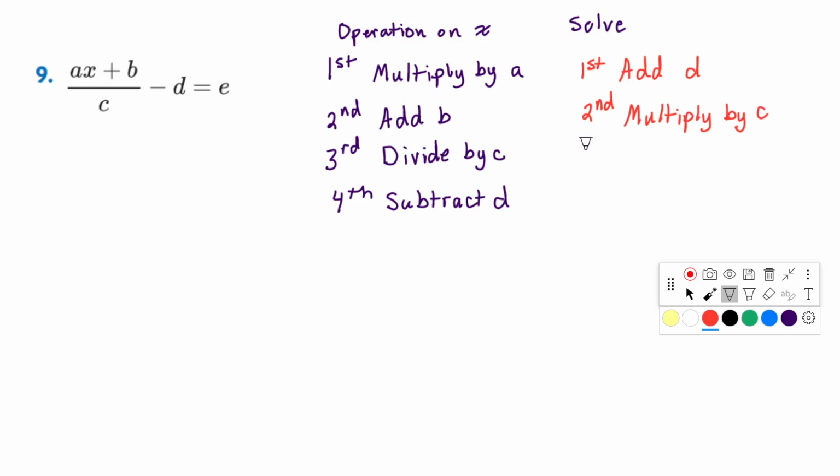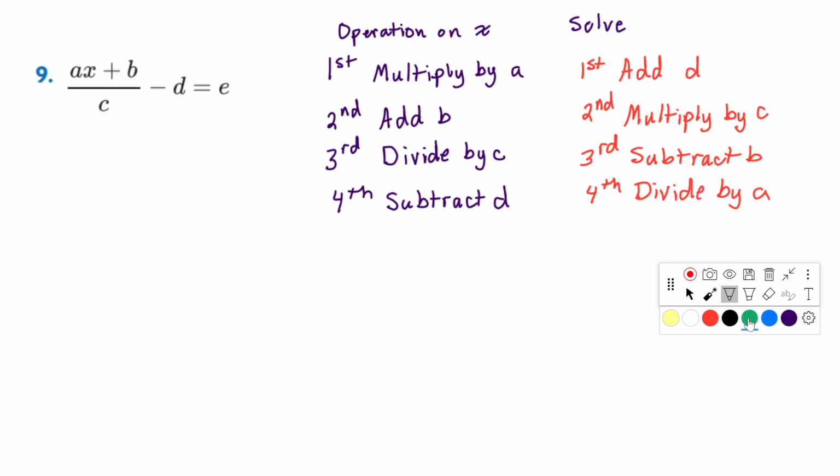To undo the addition, I'm going to subtract b. And then to undo the multiplication by a, I divide by a. So let's see what this looks like.